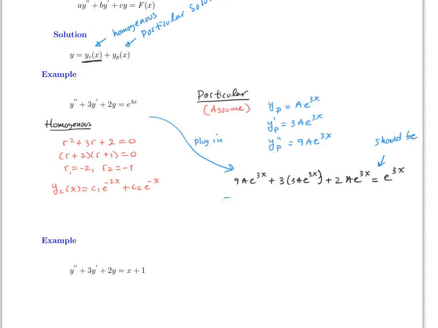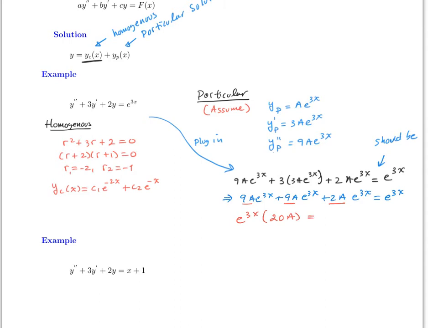So you simplify this, you have 9a e to the 3x plus 9a e to the 3x plus 2a e to the 3x is equal to e to the 3x. So notice that you can factor the e to the 3x on the left side, and this will give you 9 plus 9 plus 2, so that will be 20a.